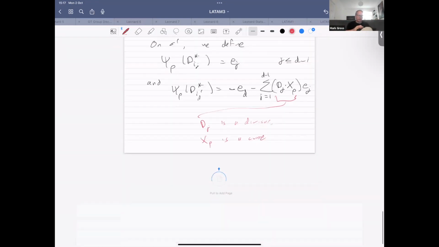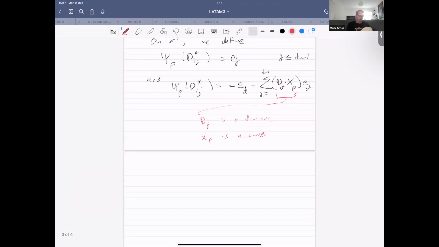Put another way, if you're unfamiliar with these intersection numbers, equivalently, D_j dot X_rho is the first Chern class, or the degree, of the line bundle O_X(D_j) restricted to the curve X_rho. Okay, so hopefully that makes sense. We'll do an example in a few minutes to try to unwind this.